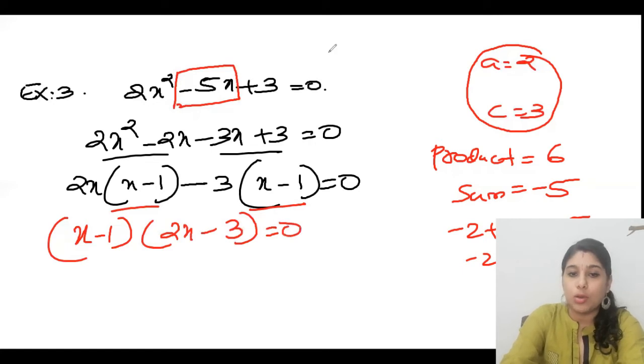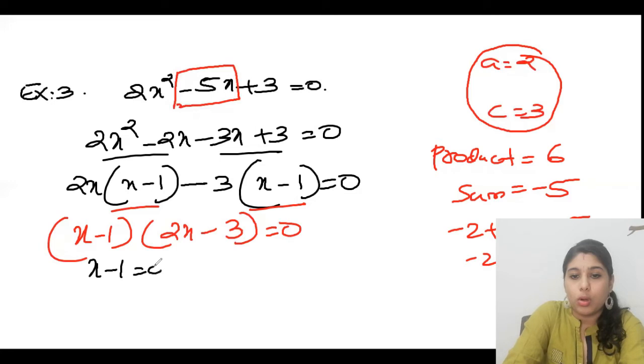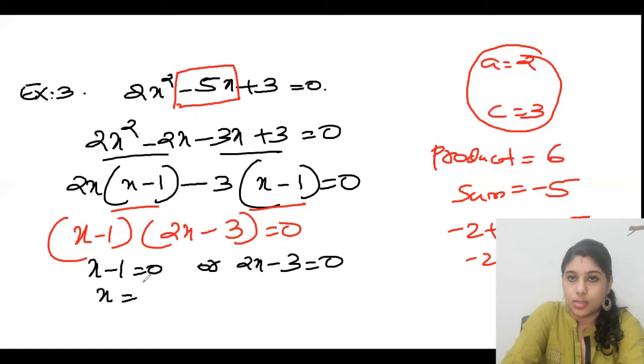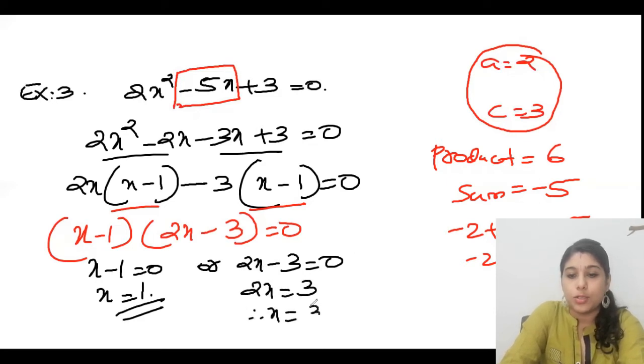So what is the meaning of this equation? Either x minus 1 should be 0 or 2x minus 3 should be 0. If x minus 1 is equal to 0, what is the value of x? x is equal to 1. And if 2x minus 3 is equal to 0, 2x will be 3, negative will go there and plus 3, and therefore x will be 3 by 2.